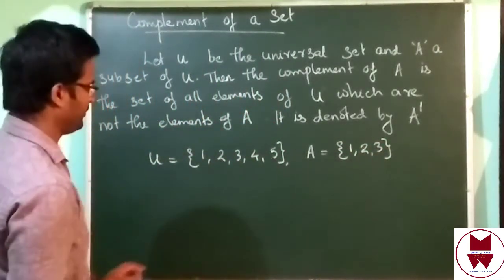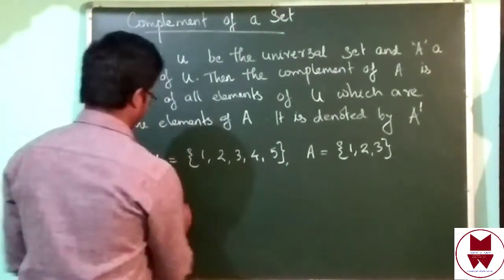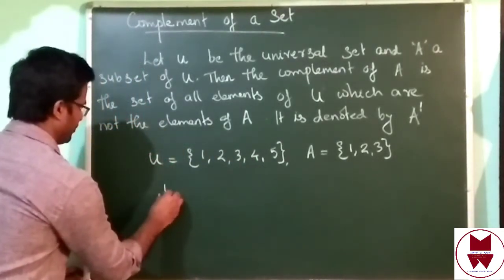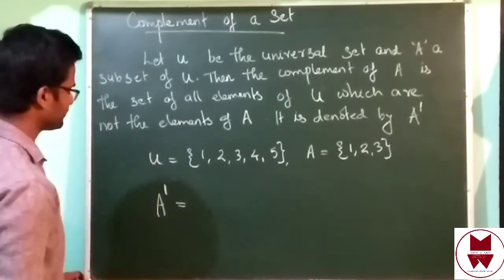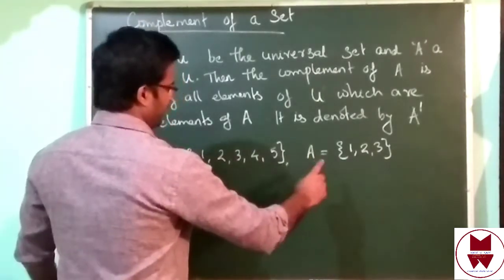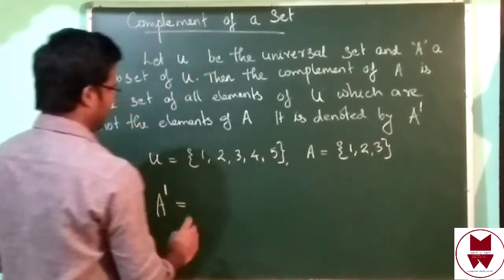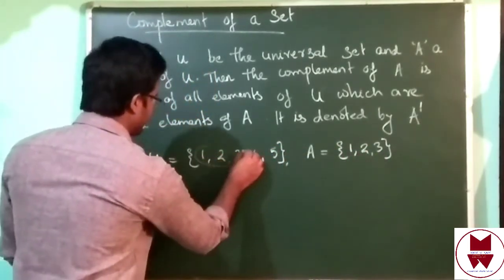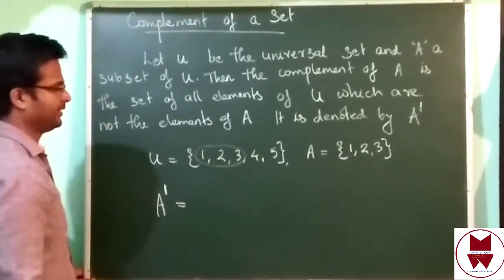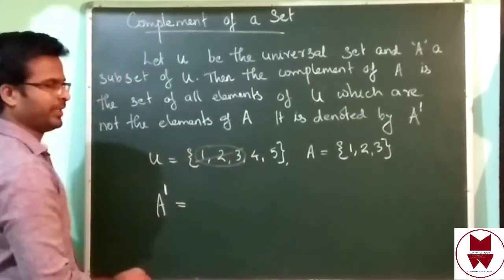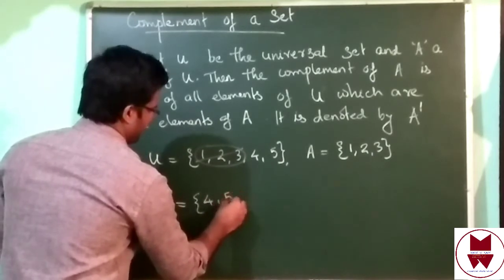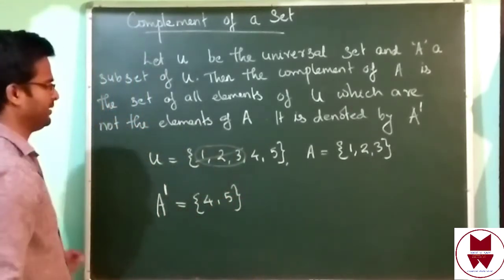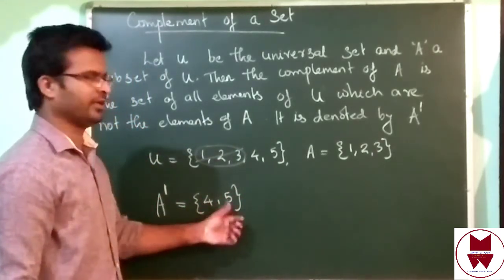If you write A complement, in set A, 1, 2, 3 are there. Just delete 1, 2, 3 from the universal set. Got it? Then the remaining are 4 and 5. That means A complement is the set 4 and 5.